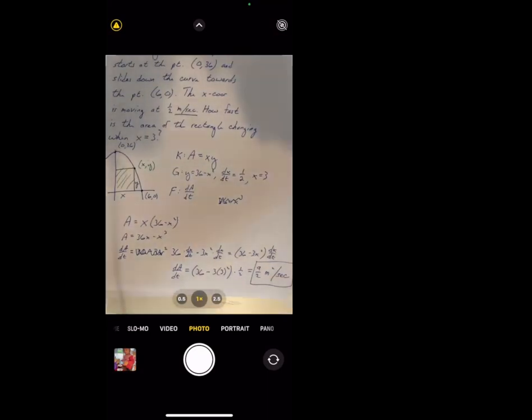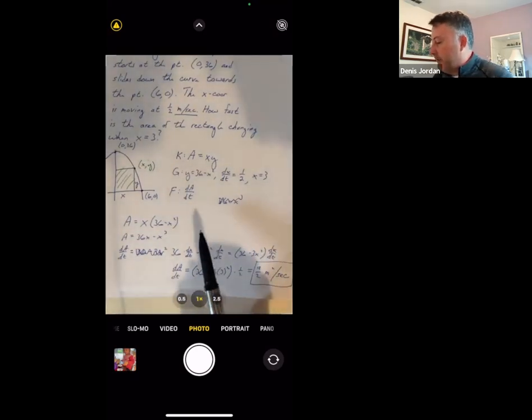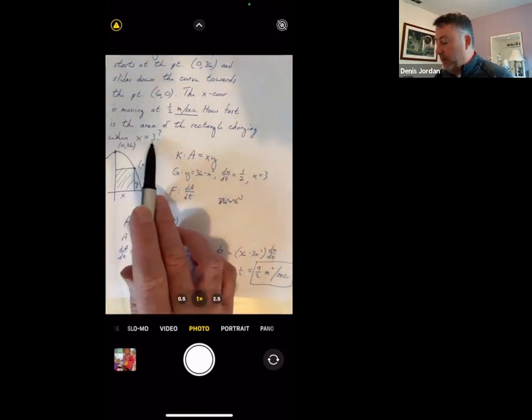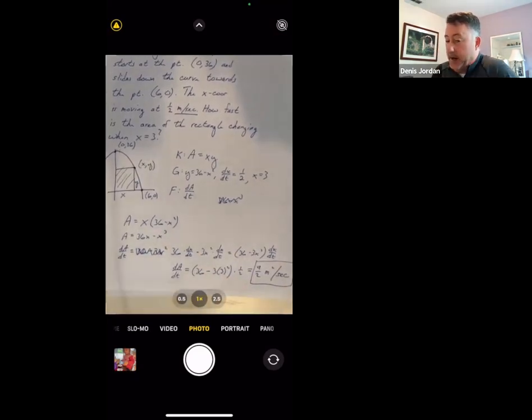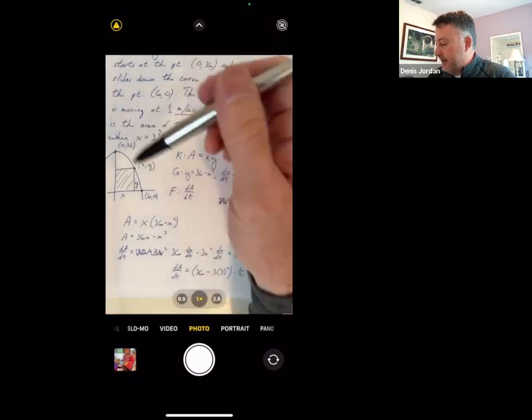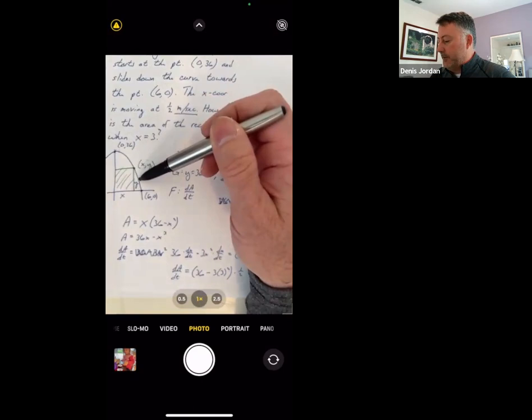It doesn't always have to be a positive answer. If we had used x equals 4 and plugged that in here, we'd have 36 minus 48, which makes it a negative value, which is okay. It just means that the area at that point would be getting smaller and smaller.